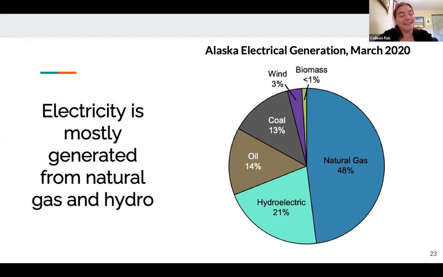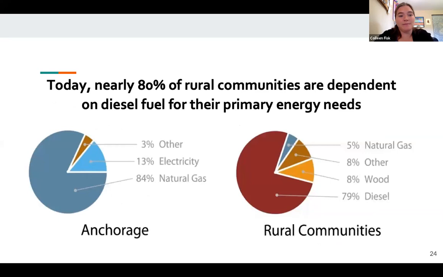A big piece of the biomass is the methane from the landfill in Anchorage, which is mostly where that about 1% of biomass is coming from. So solar's still pretty low, but growing greatly in Alaska.